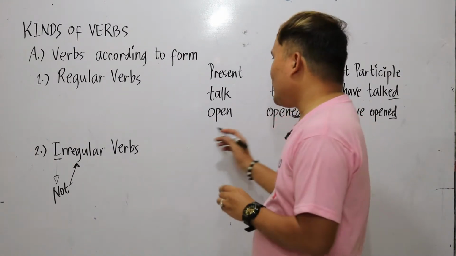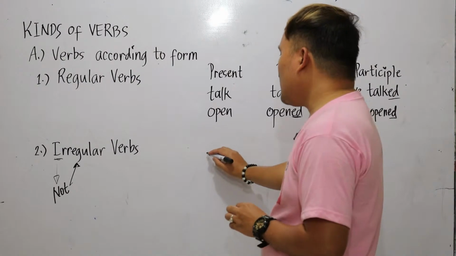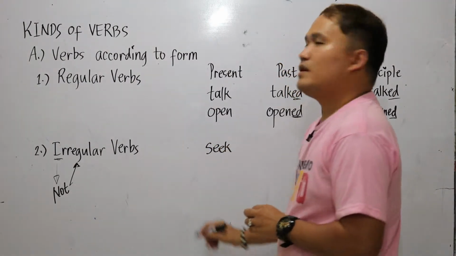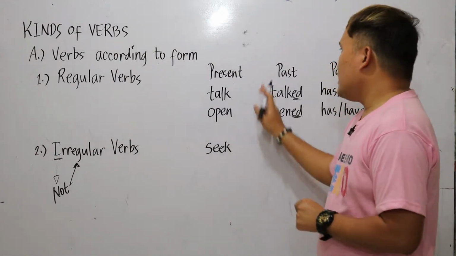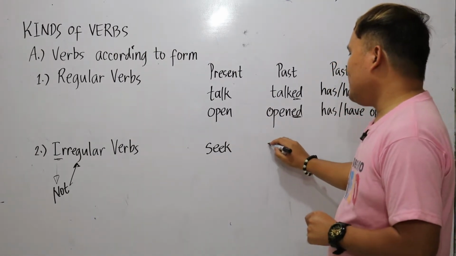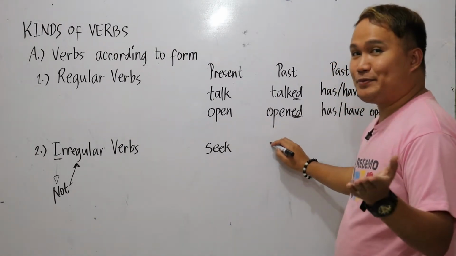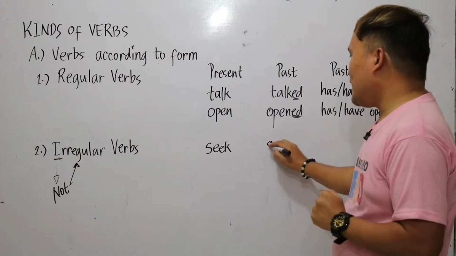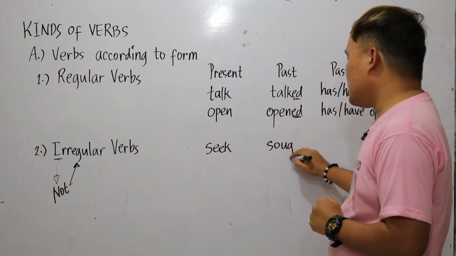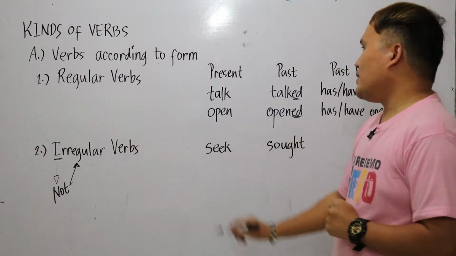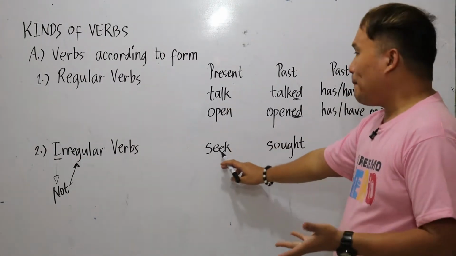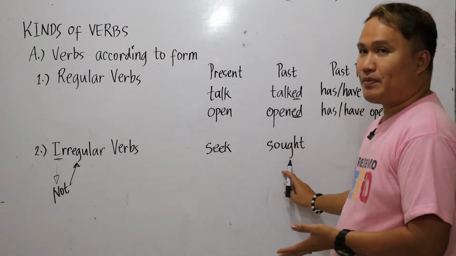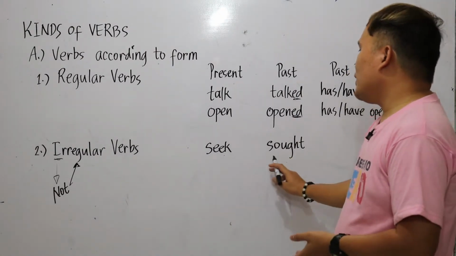So for example, we have seek. Okay? The word seek, past form of seek, who can guess? Is it seeked? No, it's not. It's sought. So as you can see, the spelling is changed totally. So seek, sought.